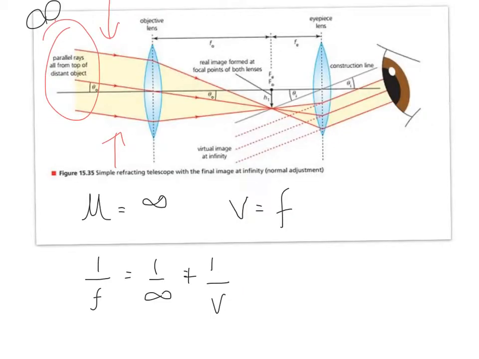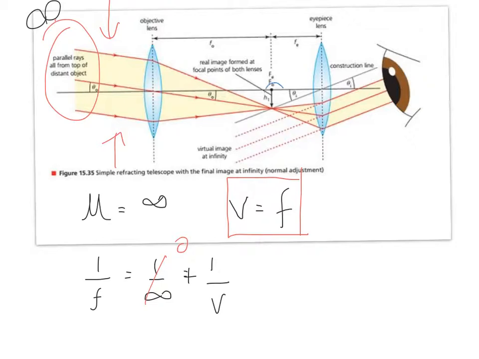Now, hopefully you thought this through. 1 over the focal length equals 1 over U plus 1 over V, and with U equal to infinity, 1 over infinity equals 0, and what we're left with is that the image distance is equal to the focal length. Now, what that means is that the image is focused on the focal point. So that is really impossible to draw.